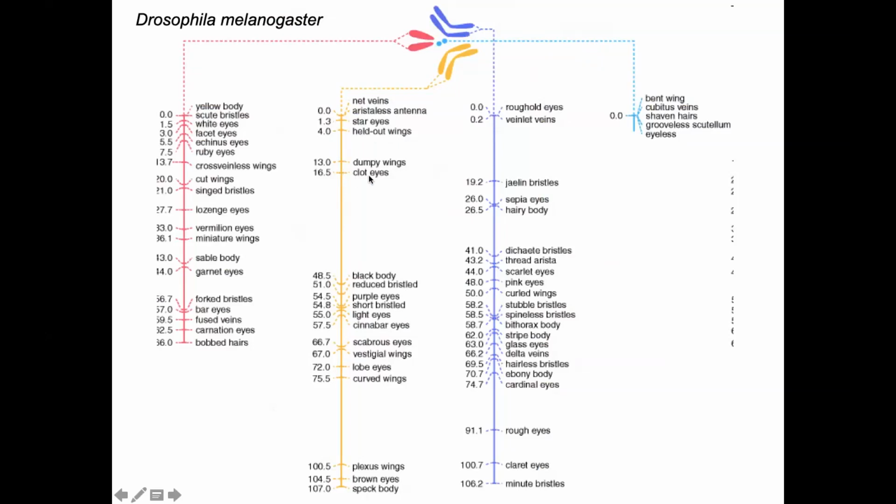But when they did a second set of crosses with clot eyes and black body, they generated an F1 dihybrid, performed the dihybrid test cross, and they recovered lots of recombinant progeny. So you can see the distance between those 2 genes is much greater.